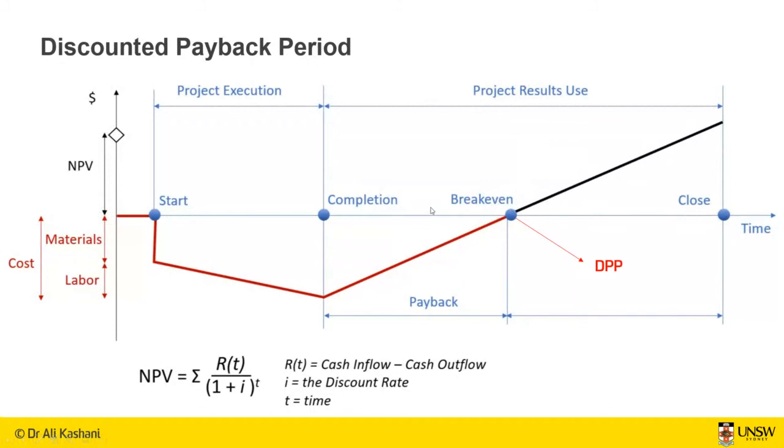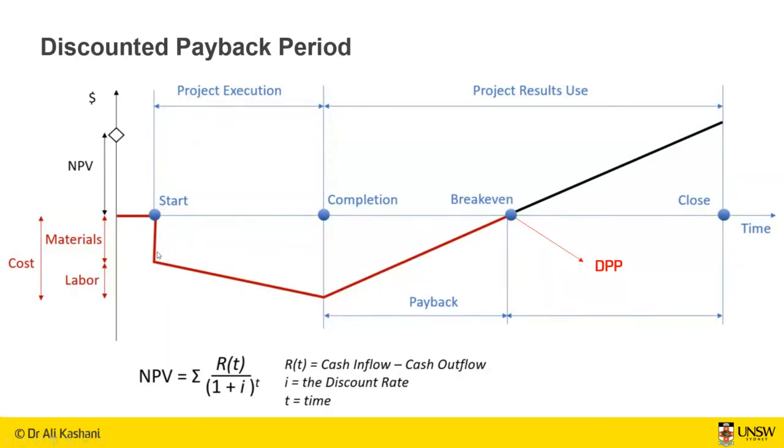This is an example of a project. You can see two phases: the project execution and the project result and use. From the start of the project, you do not earn anything. You're just paying the cost of the materials and labor.